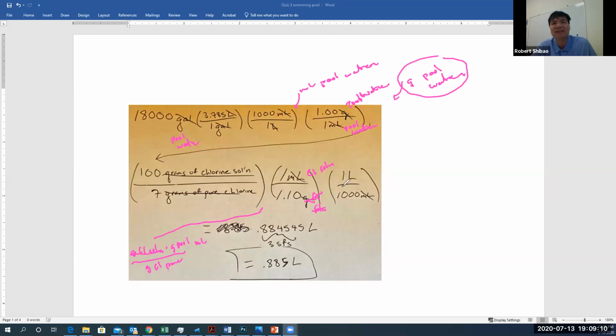Let me just punch out the numbers here and see what I get. The units are going to be really weird here. I'm going to get 18,000 times 3.785 times 1,000, times 100, divided by 7, divided by 1.1, divided by 1,000.